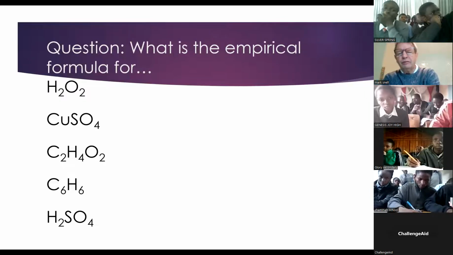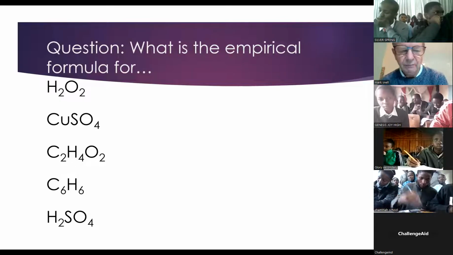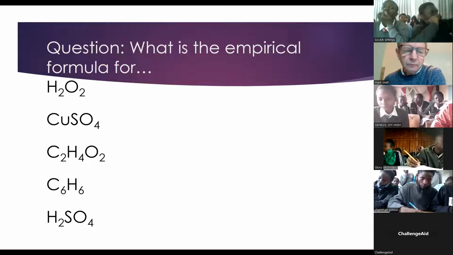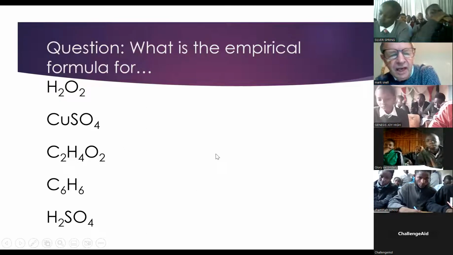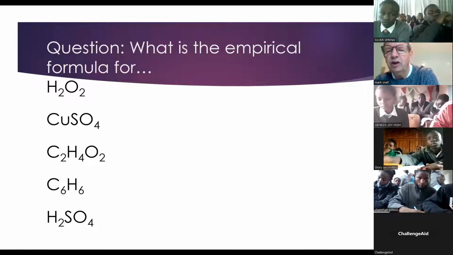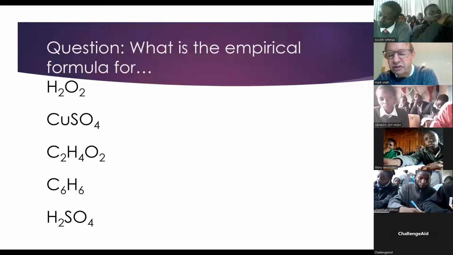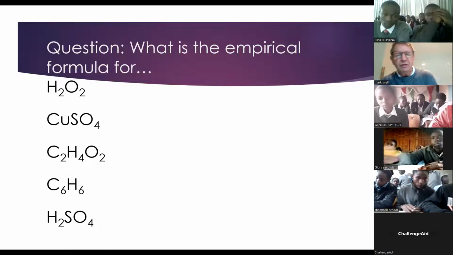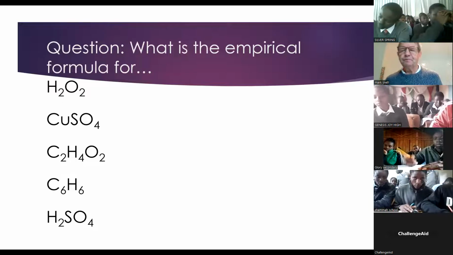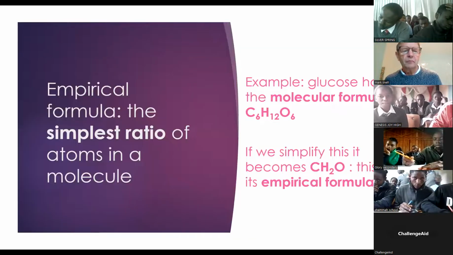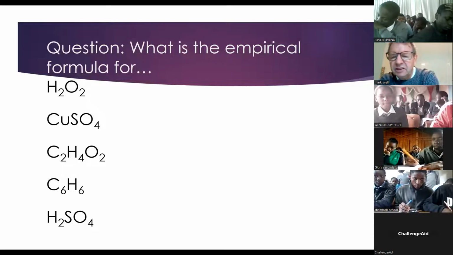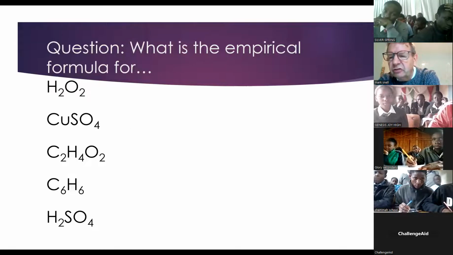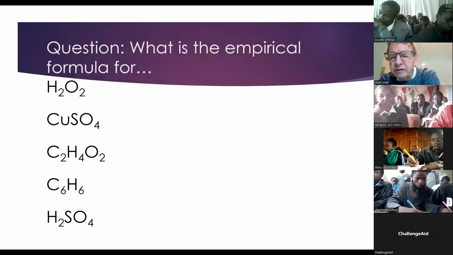C2H4O2 could be several things, but it's probably vinegar, ethanoic acid, an alkanoic acid. C6H6 is benzene. H2SO4 is sulfuric acid. So what are the empirical formulas for these? I'll give you the answers in just a minute, just so that you can make sure you can do it.